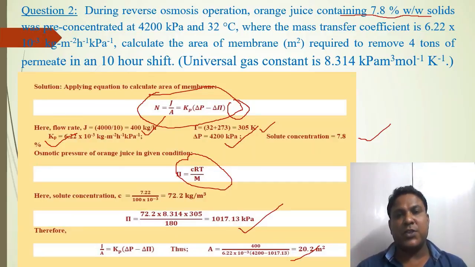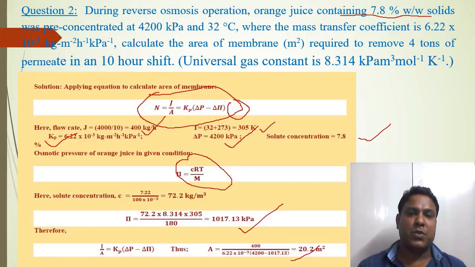So using this we can find the membrane area for any operation with given conditions. We first find the osmotic pressure, generally using the Van 't Hoff equation, and then we use the Hagen-Poiseuille equation with the membrane coefficient and the difference between hydrostatic pressure and osmotic pressure to find the flux, flow rate, or area.